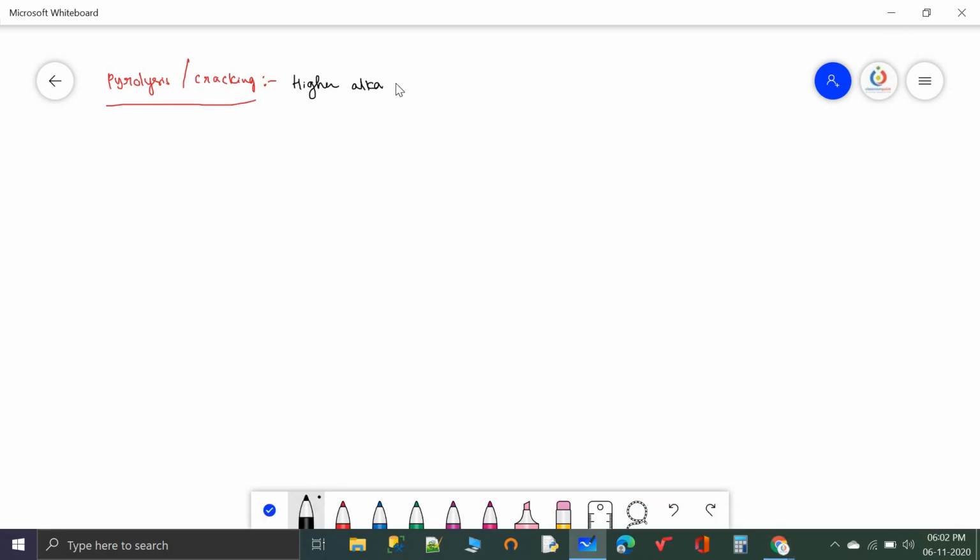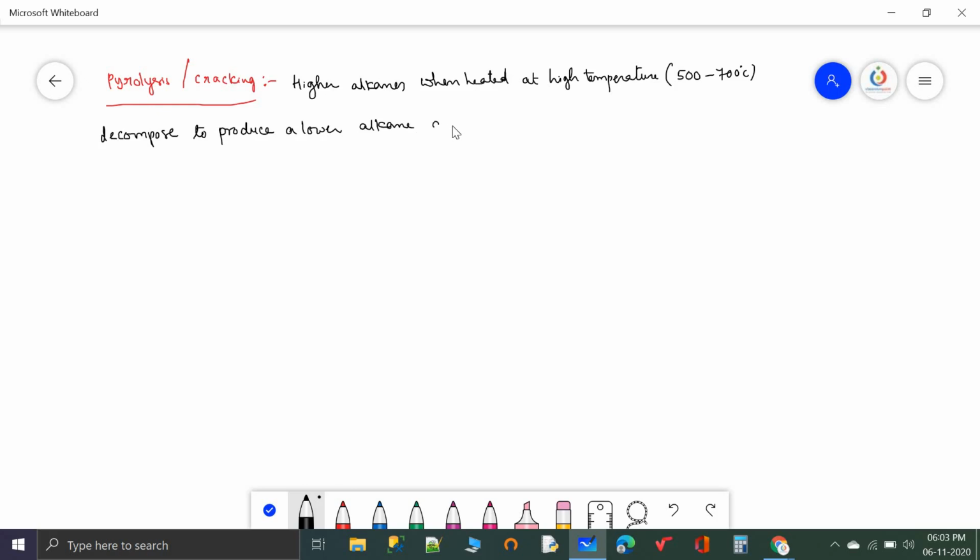Higher alkanes when heated at high temperature, approximately 500 to 700 degrees centigrade, decompose to produce a lower alkane and an alkene.